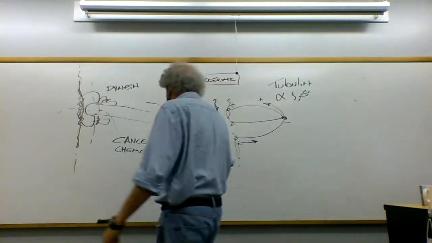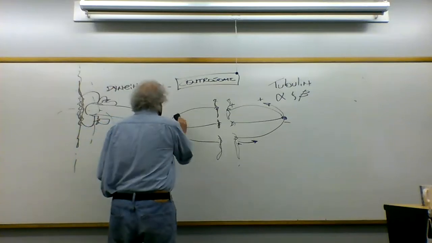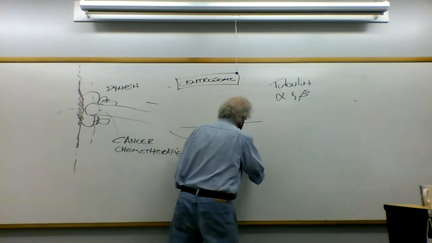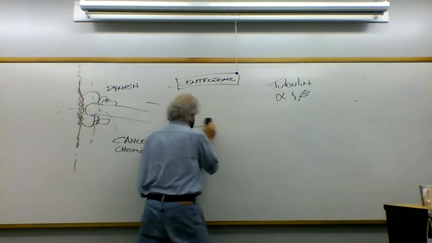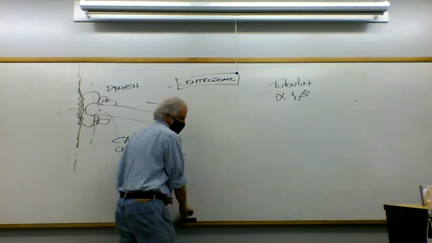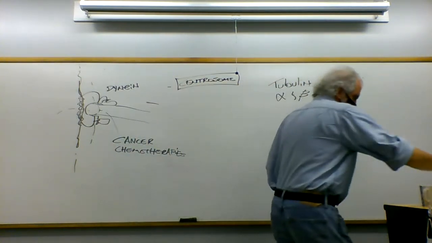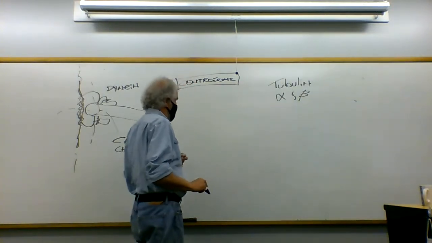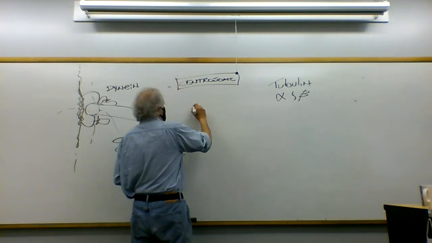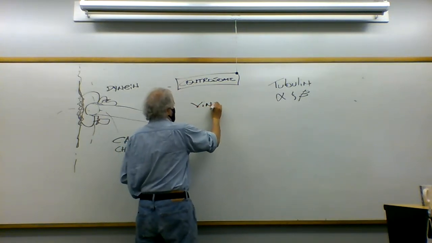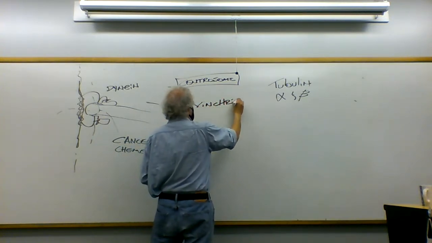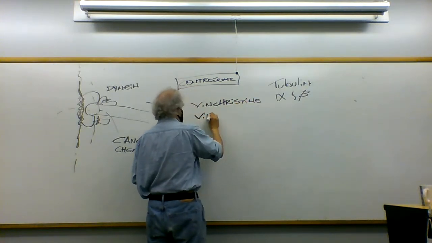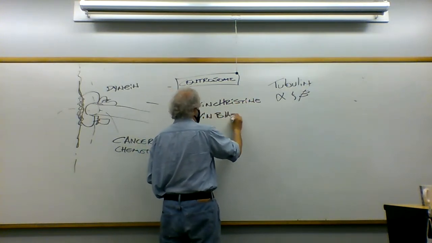Anyway, there are a couple of cancer chemotherapeutics that target microtubules. Specifically, there are a class of plant alkaloids from the periwinkle known as vincristine and vinblastine.